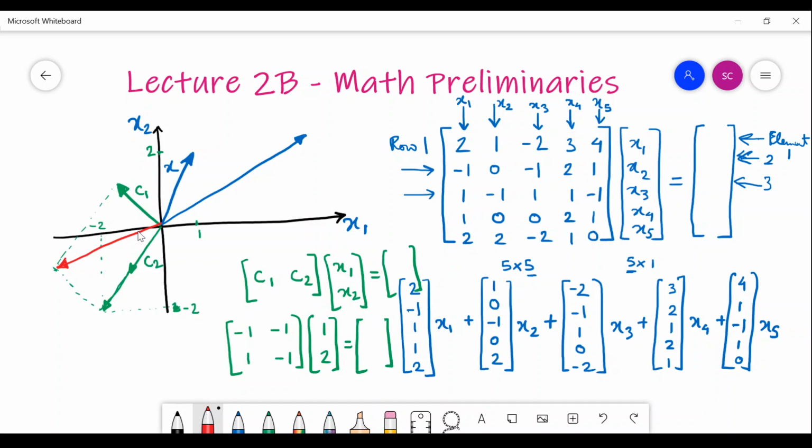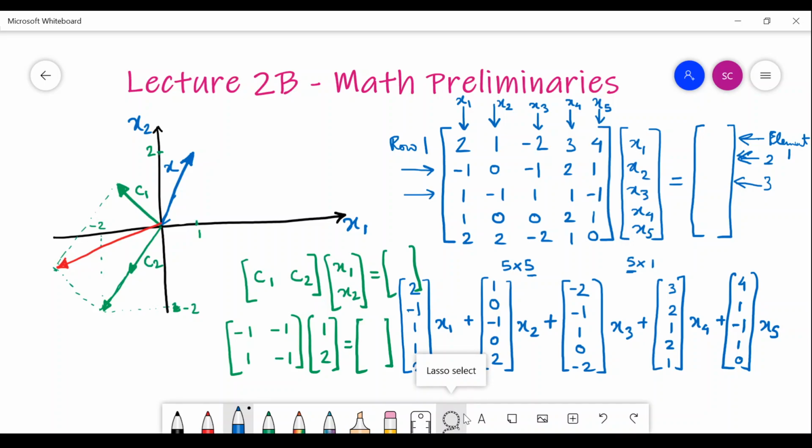So on this particular vector we applied the matrix which had columns c1 and c2, and c1 and c2 are also vectors in this same space. So you can see it in two different manners.